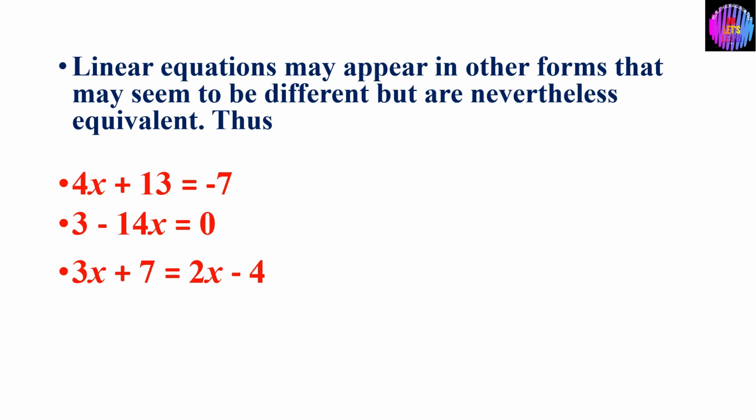Linear equations may appear in forms that seem to be different but are nevertheless equivalent. For example, observe these linear equations: 4x plus 13 is equal to minus 7, 3 minus 14x is equal to 0, 3x plus 7 is equal to 2x minus 4.